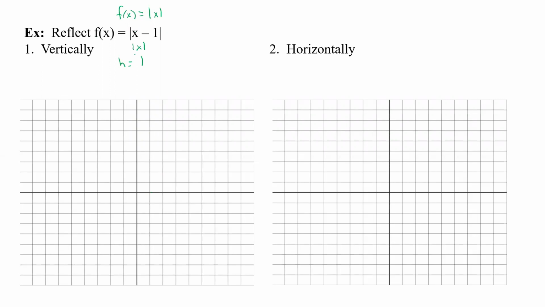And so we had to do a transformation to get our original function before we could even do anything. And so our original function looks something like that. And so let's go ahead and draw it in both things. That's the original.